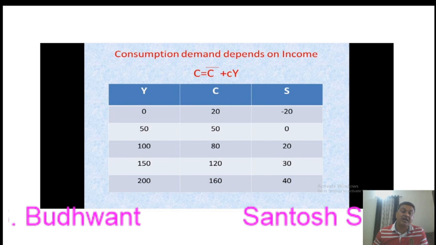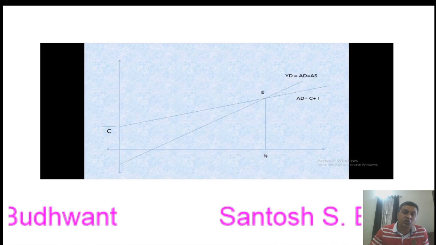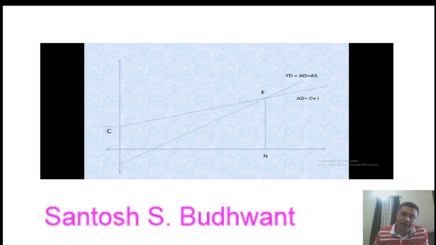In the diagram, it starts from the origin point 0, and the saving line starts from a minus point, that is minus 20, and again goes upward. Now it is a 0 point, and if we look at this, the saving curve cuts the x-axis, meaning your saving is 0, and at the next point it moves upward.